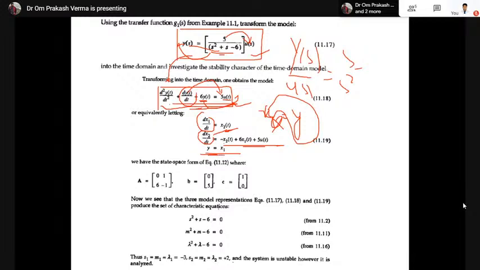Similarly, the output is y equal to x1. So we have written the state space equation with the A, B, C matrices.